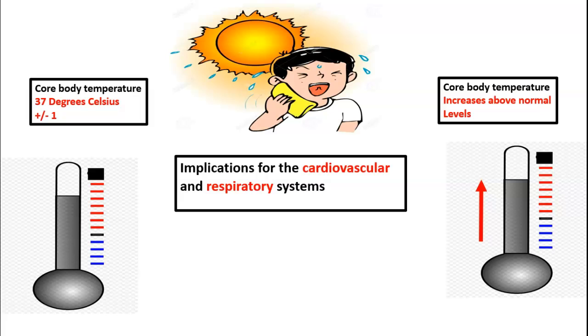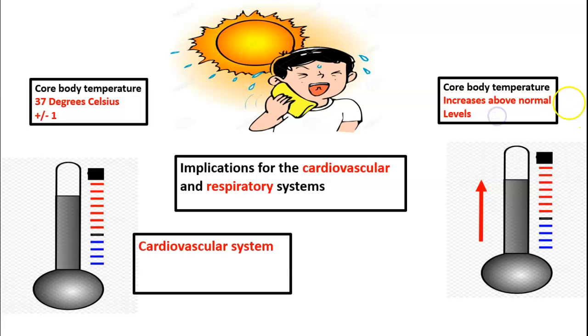Now I think it's really important with regard to your exam technique that when you consider the effects of whether it's exercise at heat or altitude last lesson, when you consider the effects of an environmental condition on the cardiovascular and respiratory system, it's important that you segregate your knowledge.